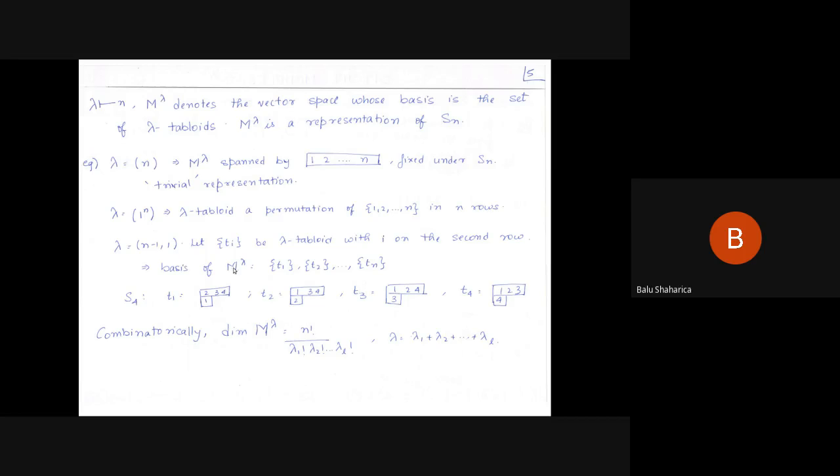Again, we'll look at this example where lambda is (n-1, 1), and we'll get four tabloids here. For S4, this is (3, 1). So in the character table for M(3,1) we have a four-dimensional representation.